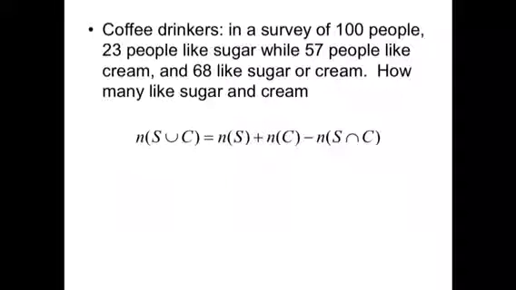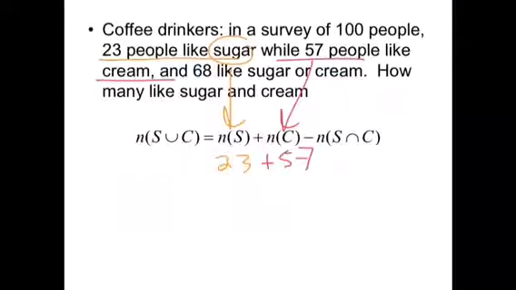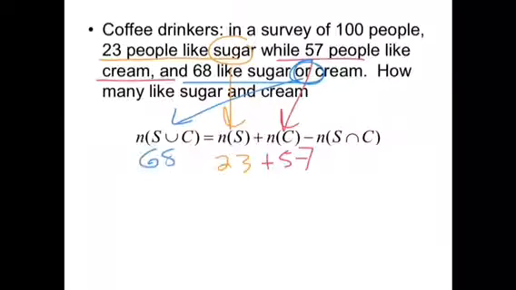Okay, so looking at our problem, 23 people like sugar, so they're going to go down with our sugar set. And 57 people like cream, so you're going to go down here with the cream. And we also know that 68 like sugar or cream. That or implies that it is our union, so we get 68.